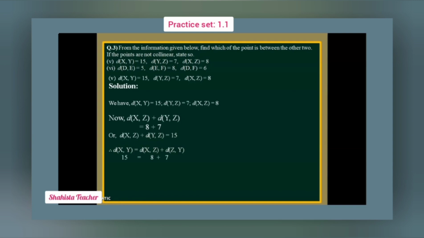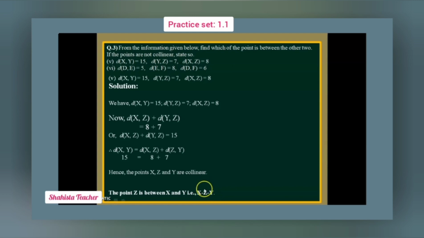So 15 is equal to 8 plus 7. That means, hence, the points x, z and y are collinear, and z is in between. Point z is in between x and y, so x-z-y.